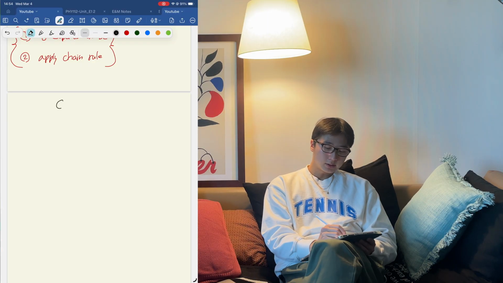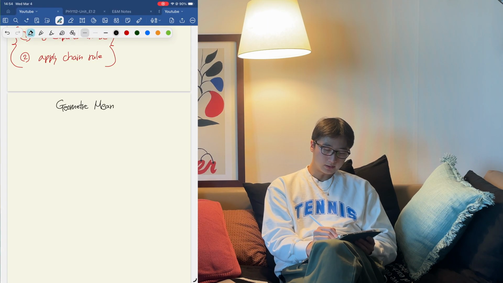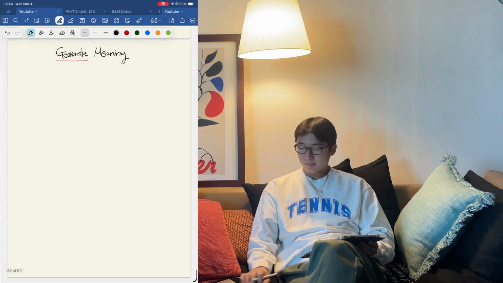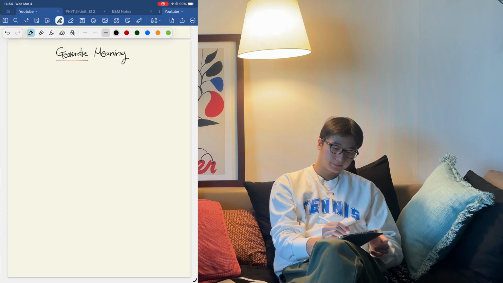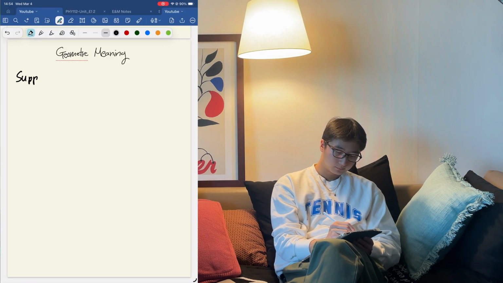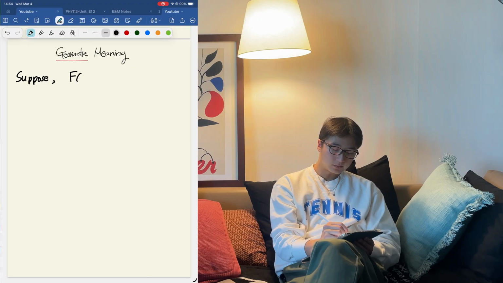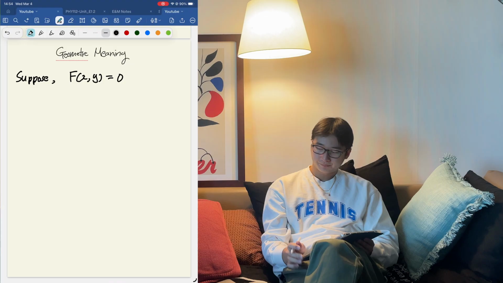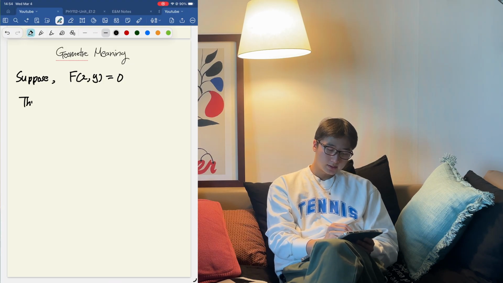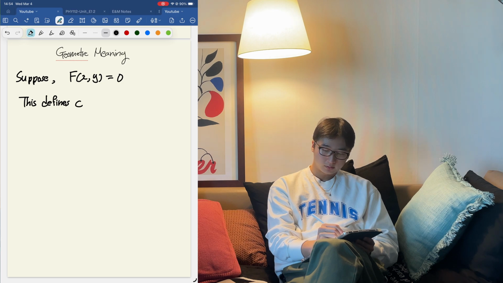In geometric meaning, suppose you have a multivariable function f of x, y, and suppose it is 0. As you can see, this defines a curve.